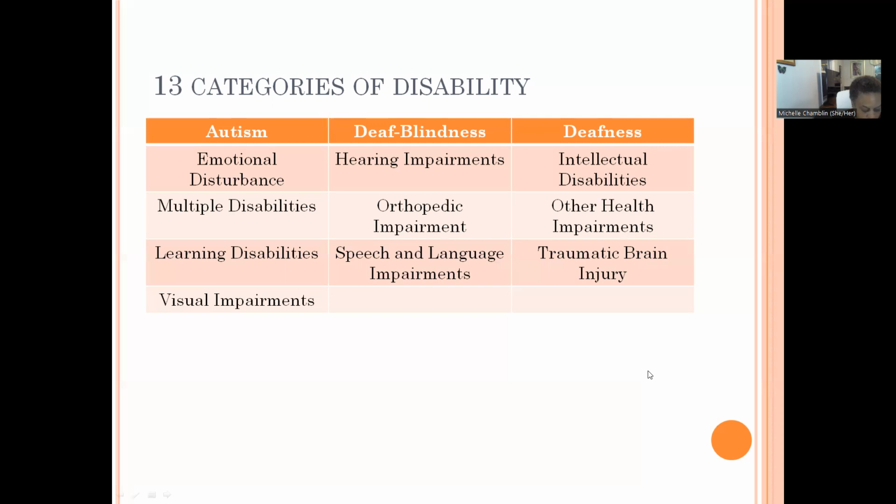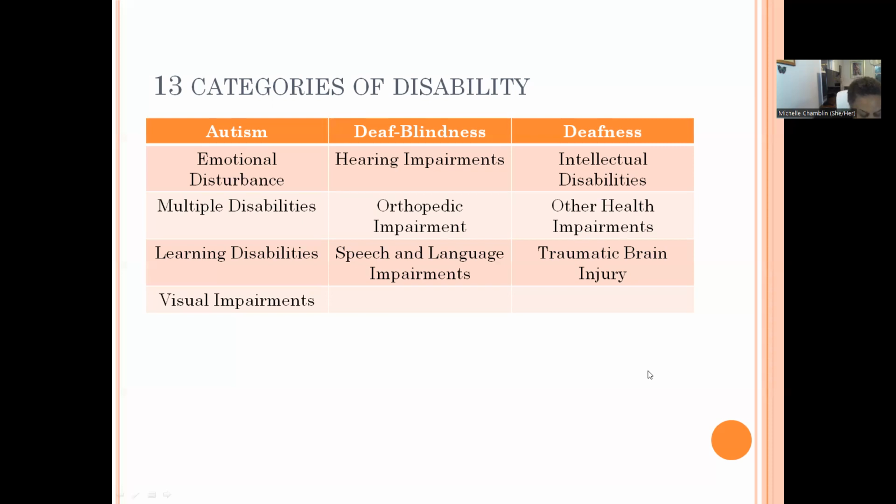Students who are blind are unable to read print and usually learn to read and write using Braille. Students with low vision can usually read when the print is enlarged sufficiently.